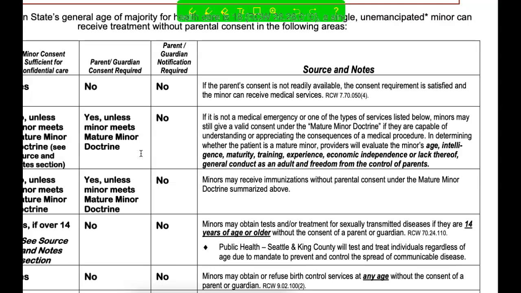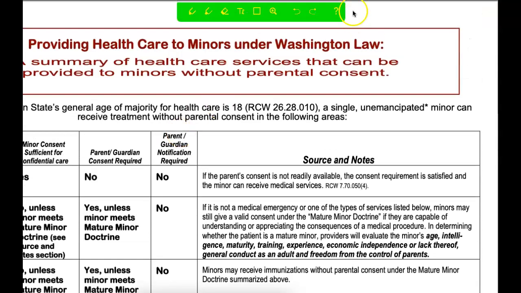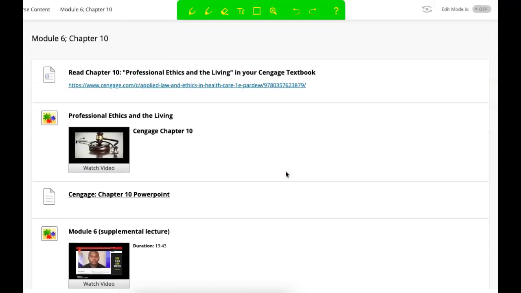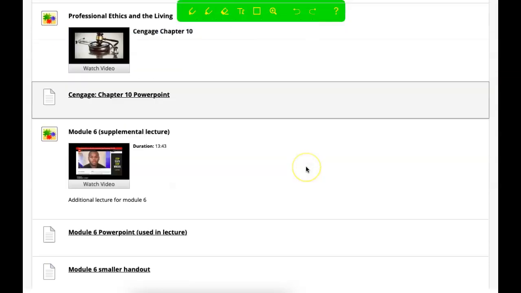And there's the mature minor doctrine that you can also look up, which is really interesting. Birth control, abortion, all that kind of stuff, of course, you don't need parent consent in the state of Washington for that. So each state's going to be a little bit different. I wanted to add that in so you could take a look at that and better understand some of the laws in our state when you reference professional ethics and the living.